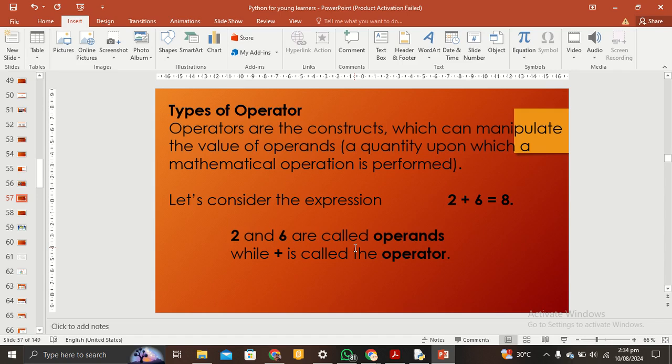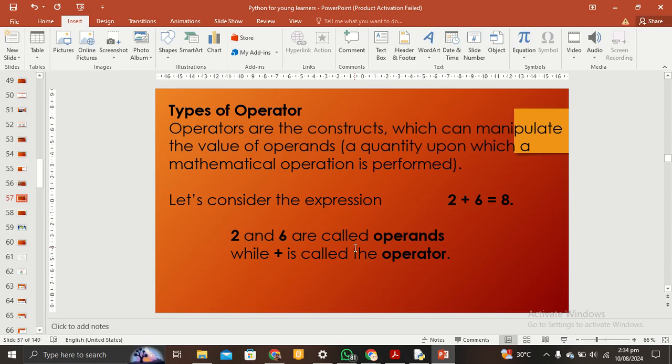The multiplication sign, that's fine. Aliza, if you want to see which of two numbers is the biggest, which operator will you use? Addition, subtraction, greater than or less than? Greater than. You use greater than, yes.